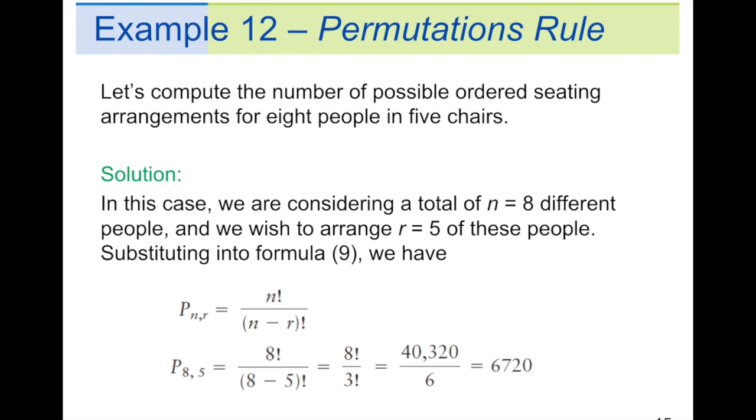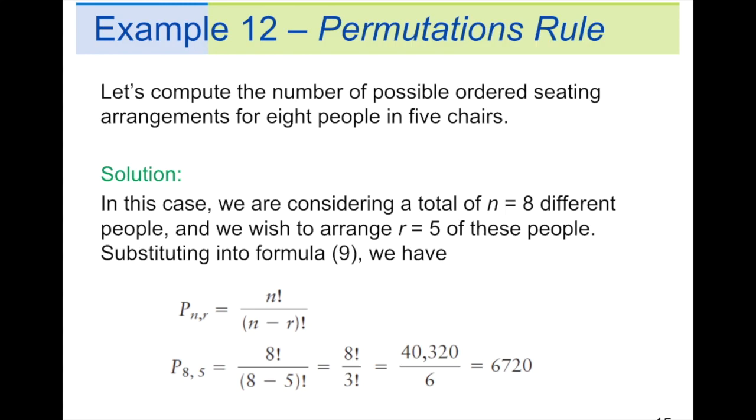So r is 5, because of those 8, we want to use 5 of them. Substituting into this formula, we replace n factorial over n minus r factorial with 8 factorial over 8 minus 5 factorial, which is 8 factorial over 3 factorial.